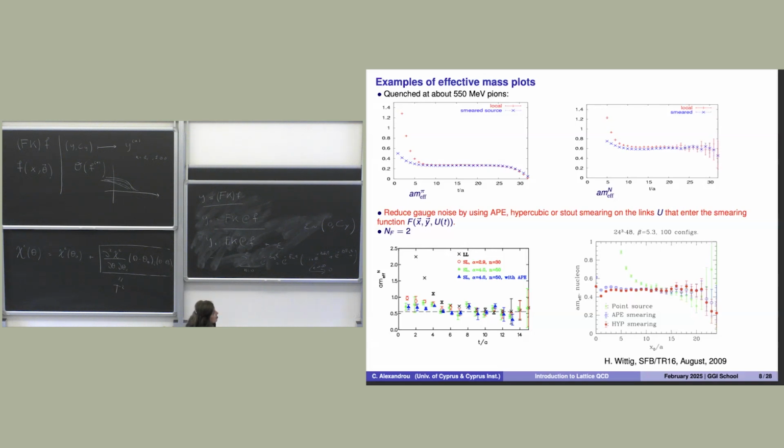This is the effective mass that you can fit. So you fit this plateau here, and you extract the mass of the pion. This is for the nucleon, you see. So you cut off all these excited states. Okay, this is quench. We no longer do quench calculations in current day lattice QCD.